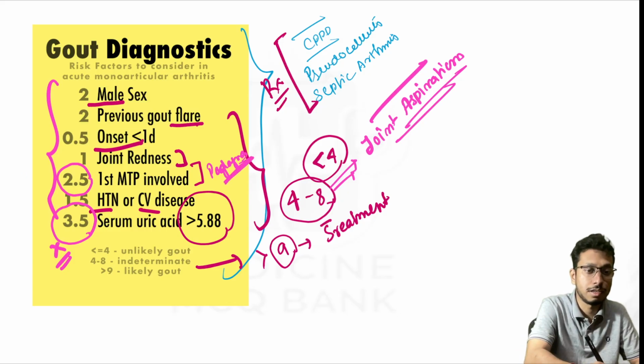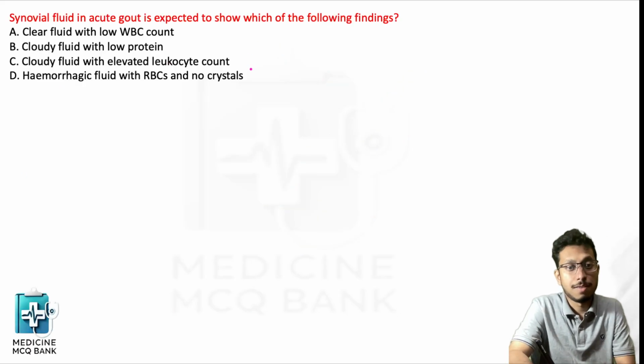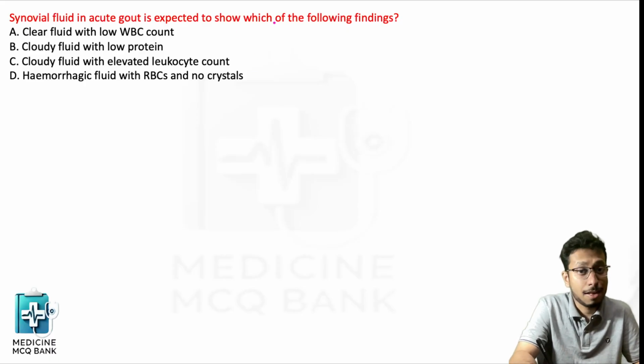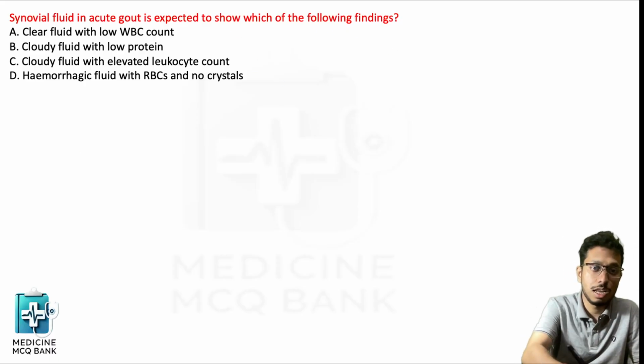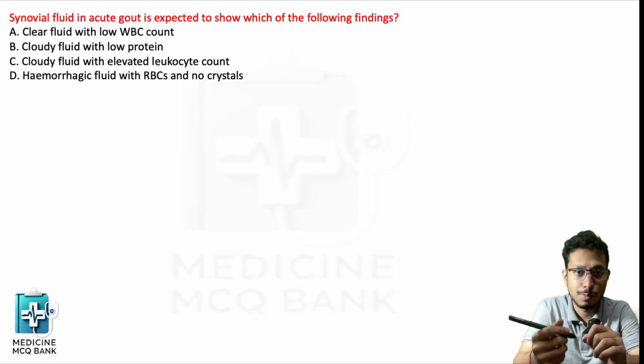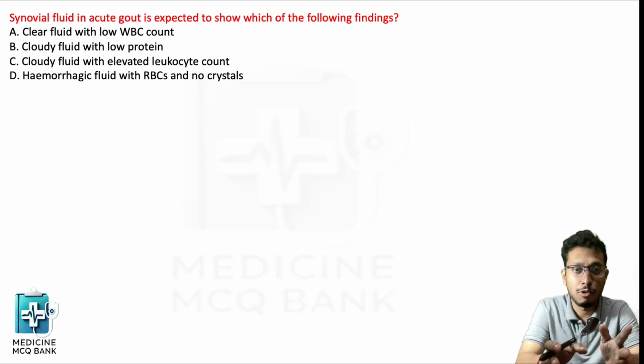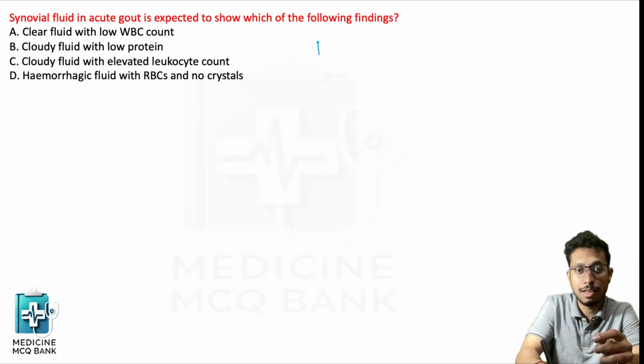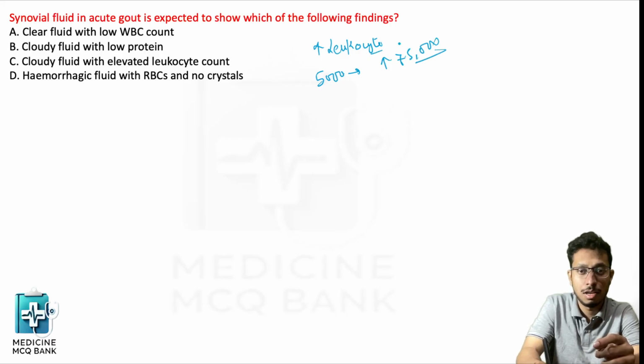All right. So synovial fluid in acute gout is expected to show which of the following findings? Now remember, when we aspirate the synovial fluid, it is usually cloudy in nature because there is an increase in the level of leukocytes in gout, typically in the range of 5,000, and can go as high as 75,000 per microliter.